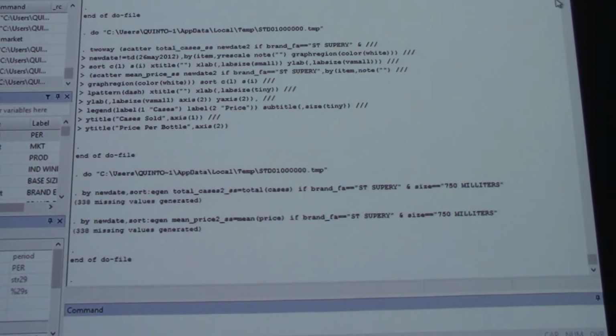Add up all the cases. So I'm going to call this total cases 2. This is just all the cases. And again, we don't need any of that stuff. Actually we shouldn't even have done that last one, but we'll leave it. We're just going to add up all the cases. You know something? You don't even need this stuff.